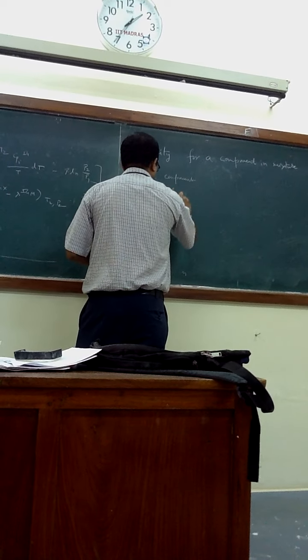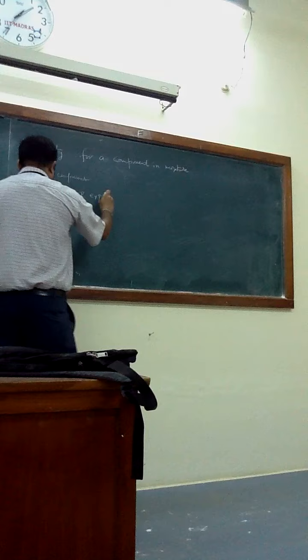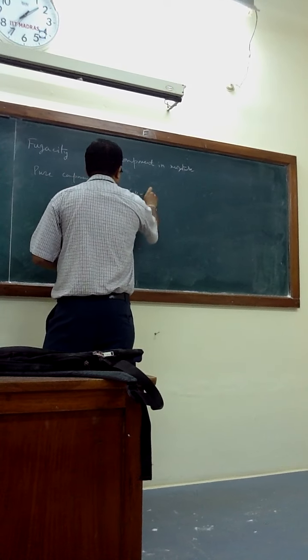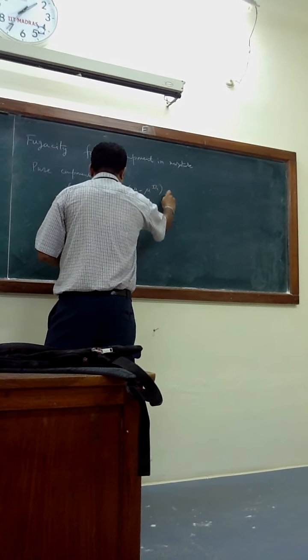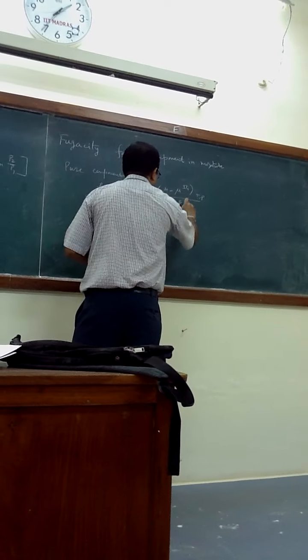Which is f equals P exponential of mu minus mu IG at T, P by RT. Am I correct?